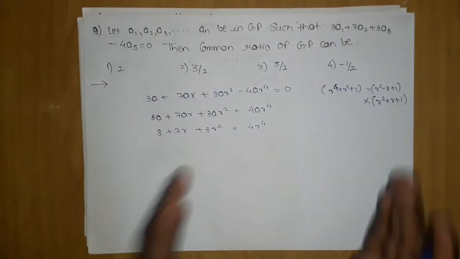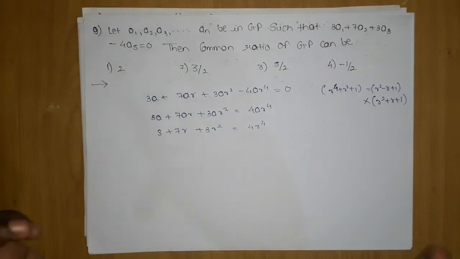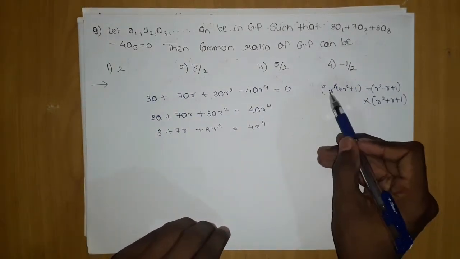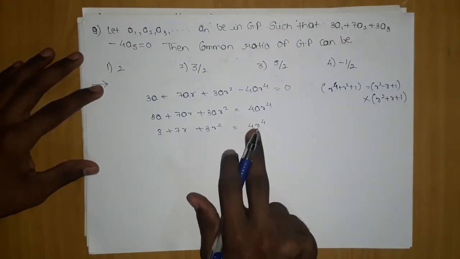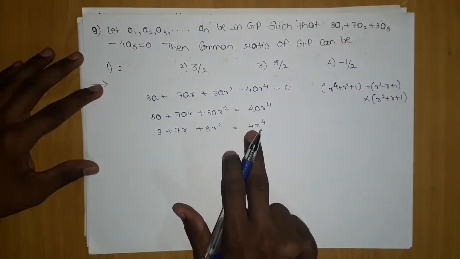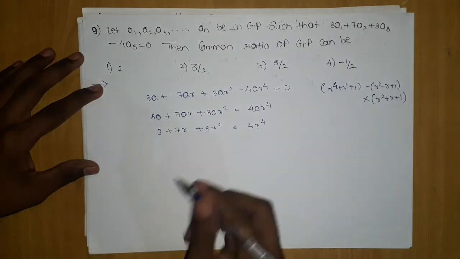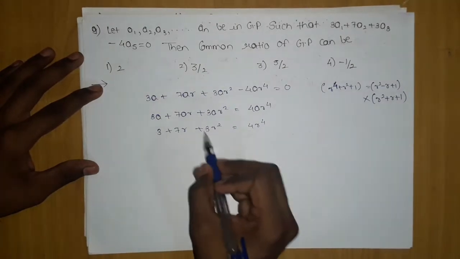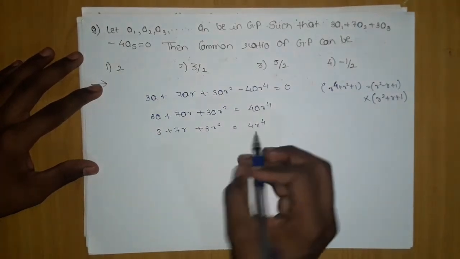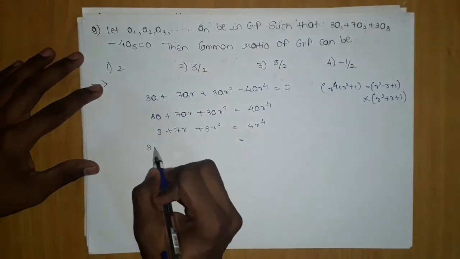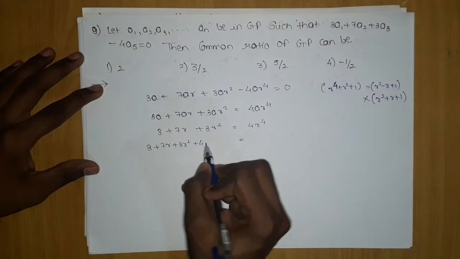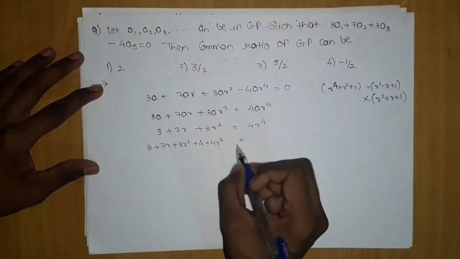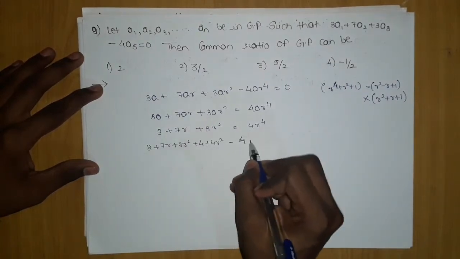Now we want to create this. To create this, you should observe that all the terms are the same, here it is 1, here it is 1, here it is also 1. How can we create 1? Here I will add 4 to make it 7, and this also I will make 7. I will add 3 plus 7r plus 3r square, and add 4 plus 4r square, then subtract 4 minus 4r square.